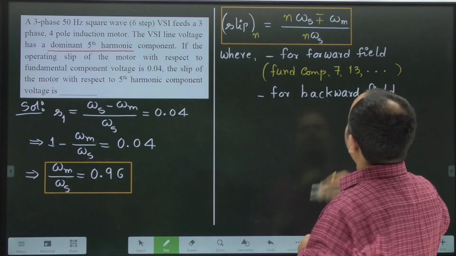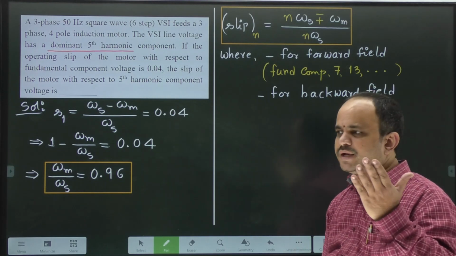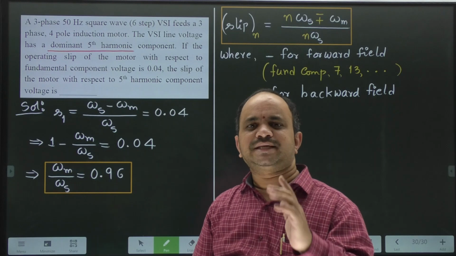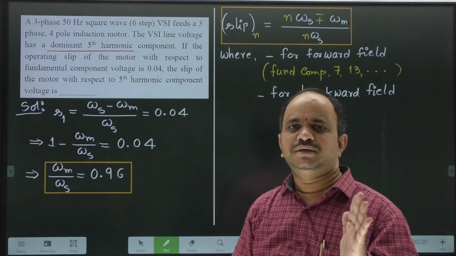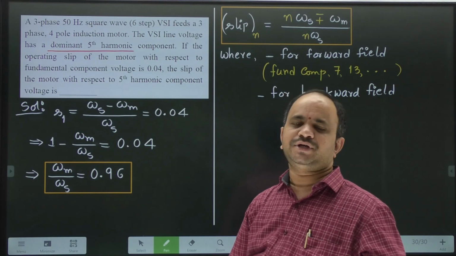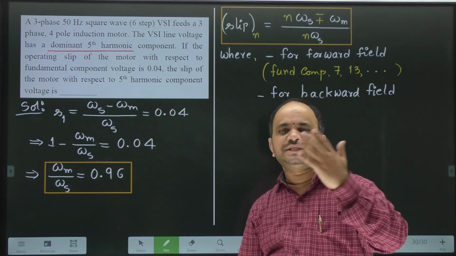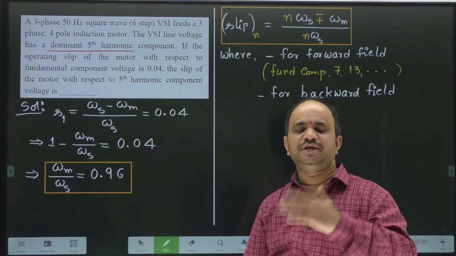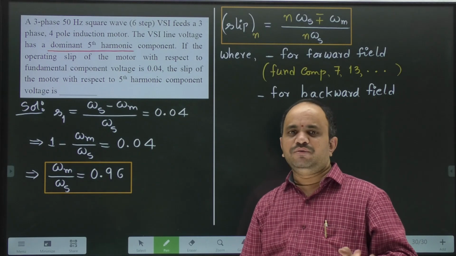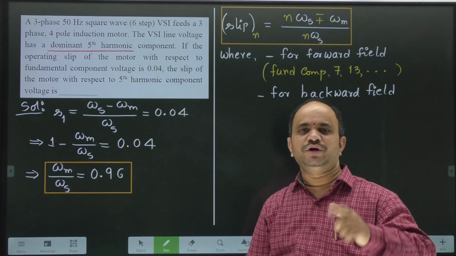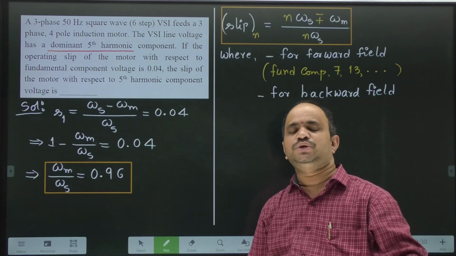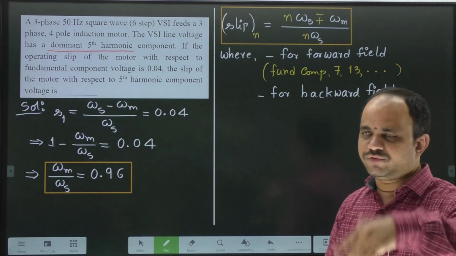Probably if you recollect the rectifier concept, due to 6K minus 1 harmonics, the phase sequence will be negative. I explained this in the rectifier chapter. Due to 6K plus 1 harmonics, the phase sequence is positive, same as the fundamental component. So whenever the phase sequence is negative, it will introduce magnetic flux opposite to the fundamental rotation.